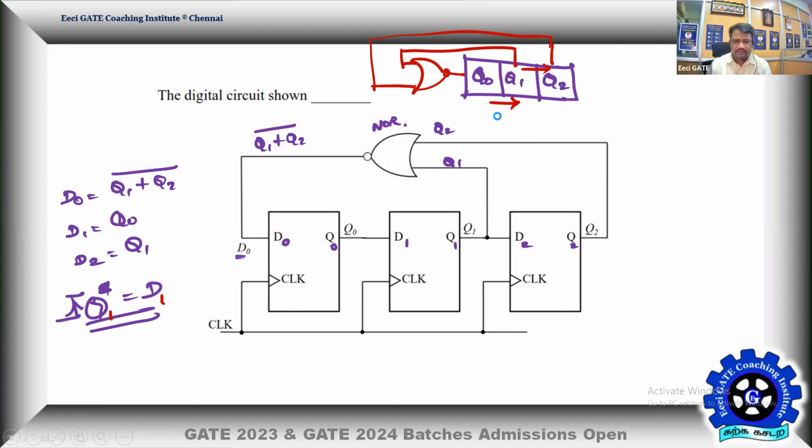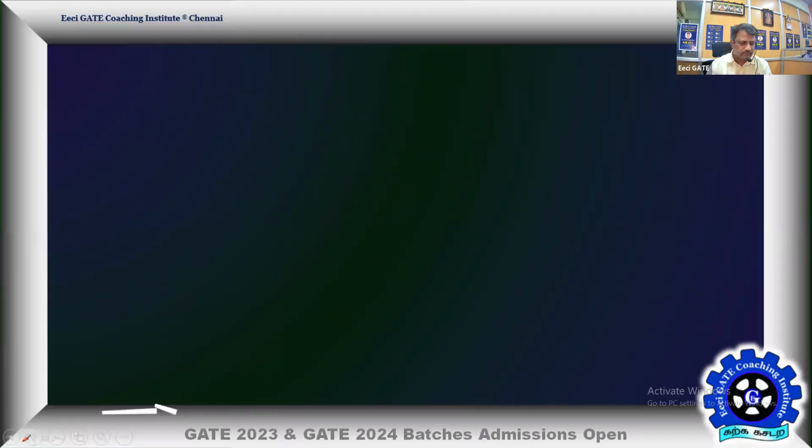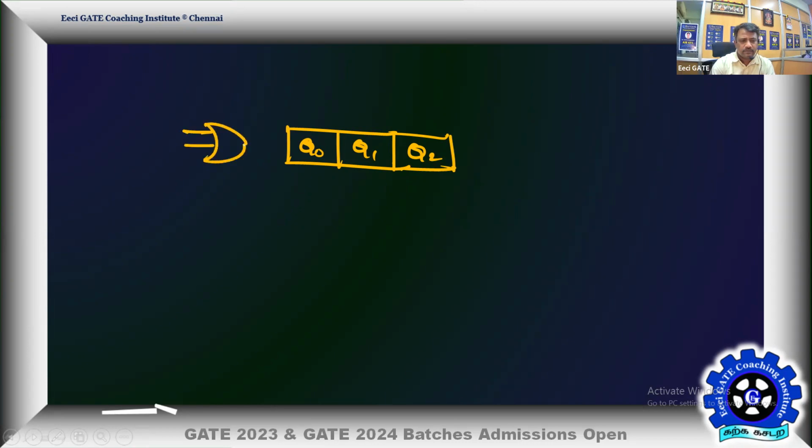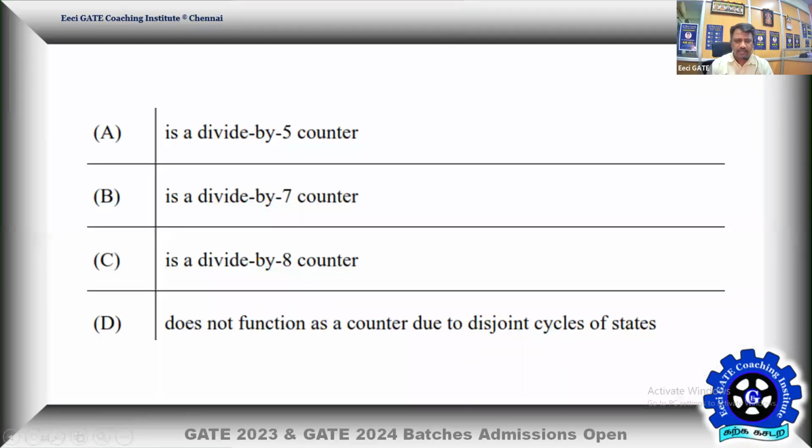So we'll proceed like this. Q0, Q1, Q2. Q1 and Q2 drive the NOR gate, Q0 goes to D1, and Q1 goes to D2.